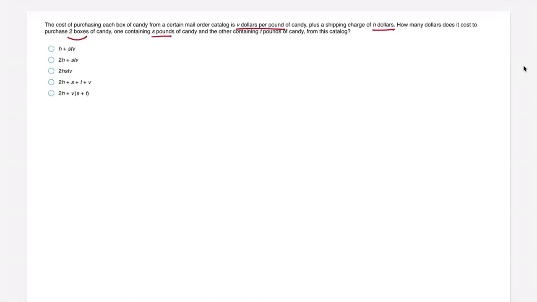So it is quantity times the unit value, the average value. And another box, T pounds, each one V, plus twice the handling. Is that okay? That's it.